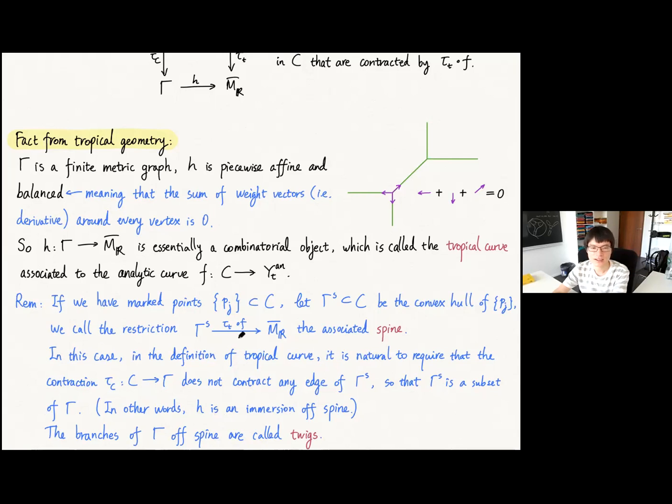So this is natural to have this requirement because a priori in the definition of tropical curve, everything that is contracted by the retraction map, we just contract them.